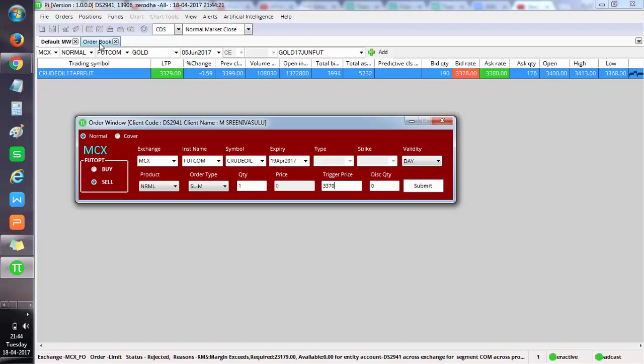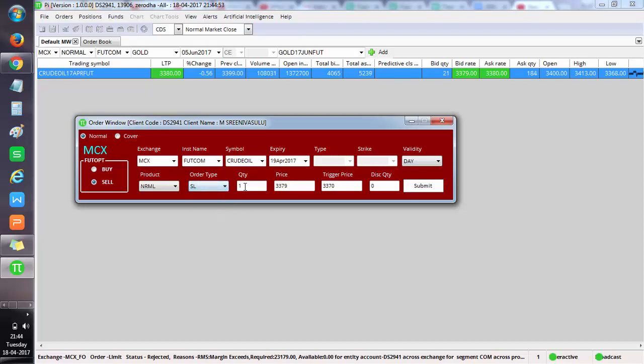It is possible, especially on days when we have a crude oil inventory or such data. Those days you will find more volatility, right? So these things can happen. In such cases, you may incur more losses, right? So what you need to do is, instead of selecting SLM, you have an option of selecting SL.